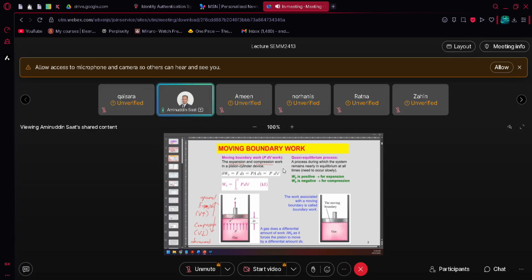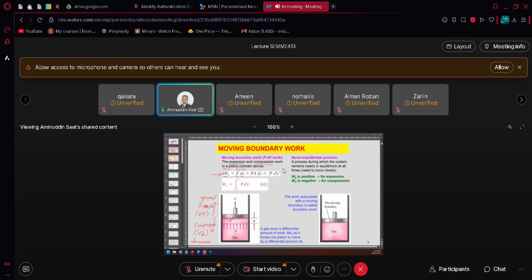Okay. So how can we calculate the boundary work? We use the basic calculation of force times distance. Any work we can calculate if we know the force and we know the distance. F times X gives work.